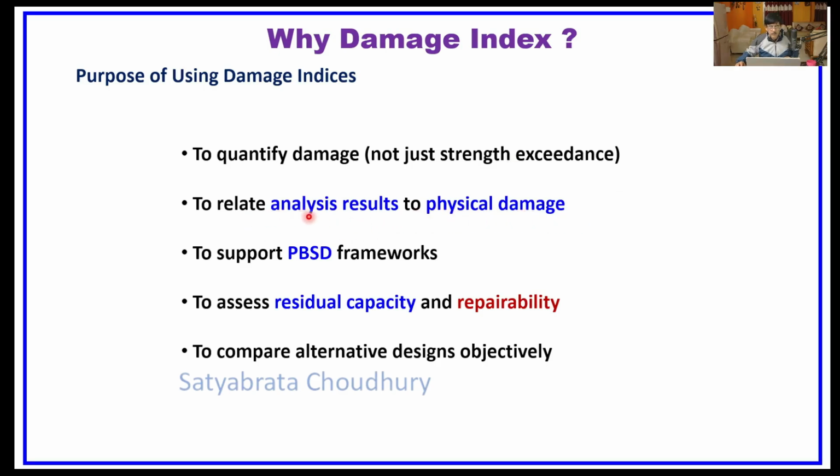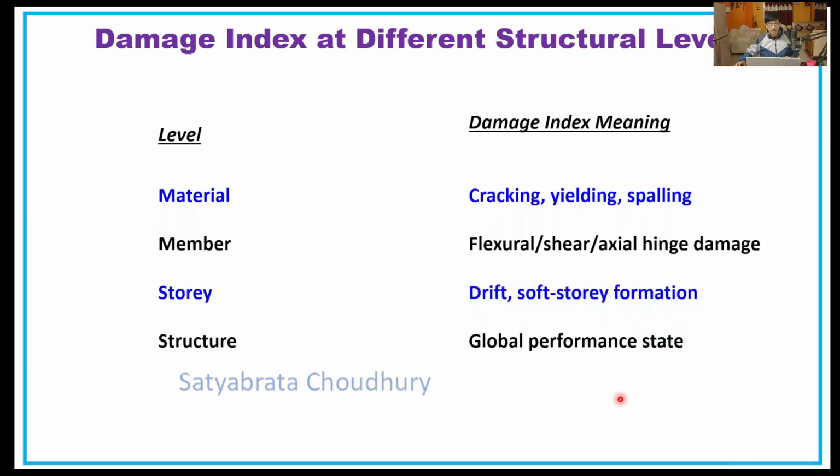So from the software you get the analysis results, and we correlate them with physical damage; to support PBSD frameworks, that is those limit states like LS, CP, etc., how to define those; to assess residual capacity and repairability; to compare alternative designs objectively. That is what we are studying here, the last one. The Codal method is one method of design and the UPBD method is another method. So we can compare through damage index which method is better.